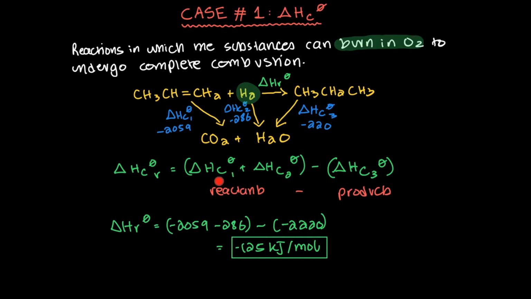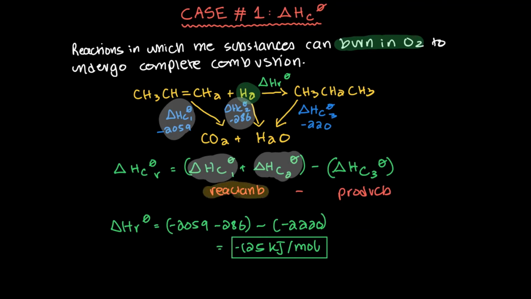Over here, you're going to take the delta H of combustion for the reactants, and then you're going to subtract the delta H of combustion for the products. So the formula for this is going to be delta H of reaction equals delta H of combustion 1 plus delta H of combustion 2. This is going to go under the umbrella of your reactants because they're all on this side.